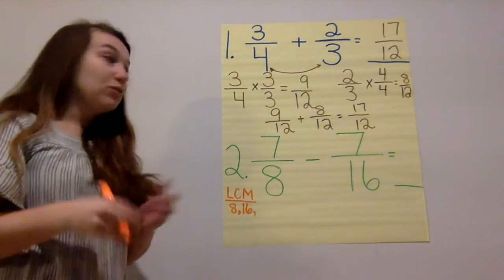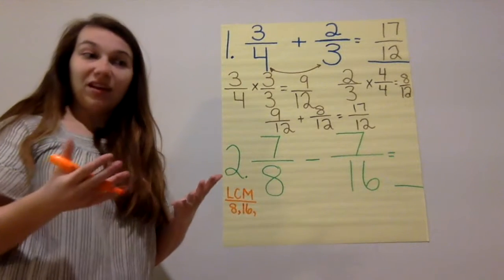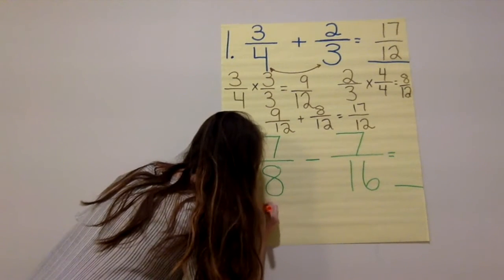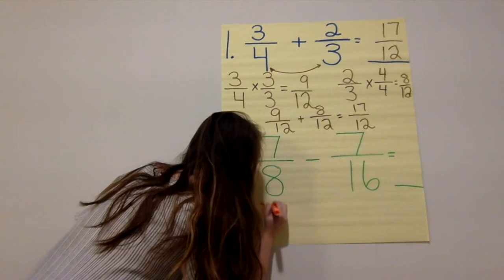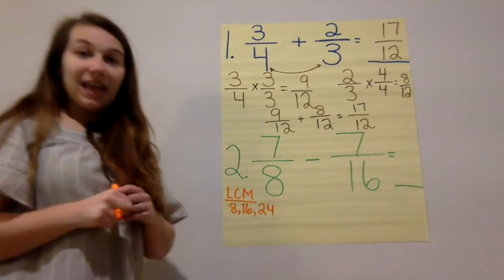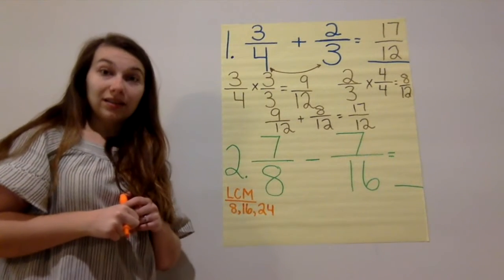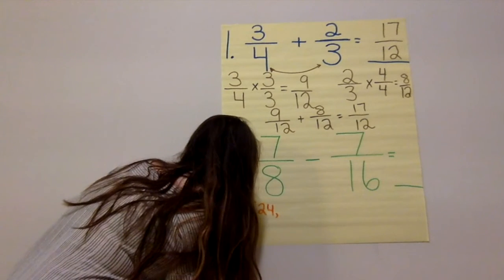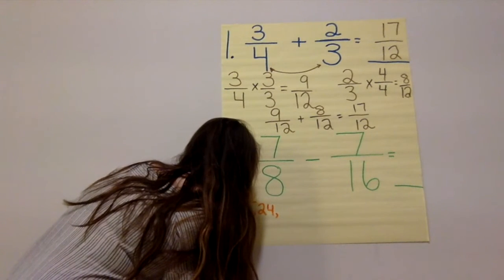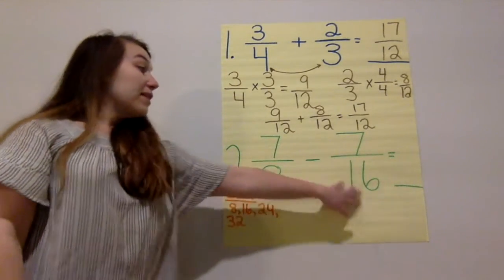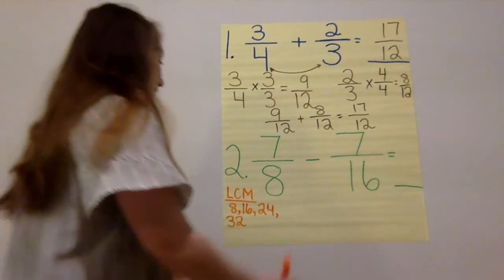Next, we're going to move on to 8 times 3. 24. And last but not least, 8 times 4. It's going to be 32. All right, and we're going to stop there. We have a couple of big numbers. And then we are going to move on to 16.